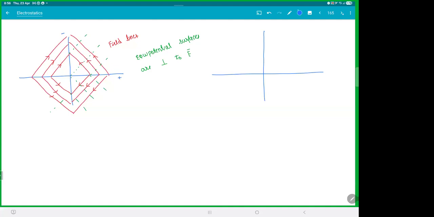So if you try to draw perpendicular to this, you will see this will be one line. This is another line. These will be parallel, but they will look like this.